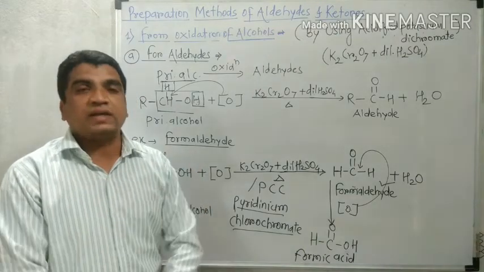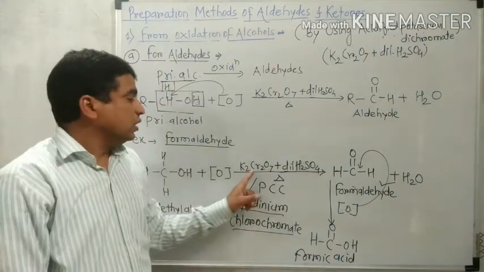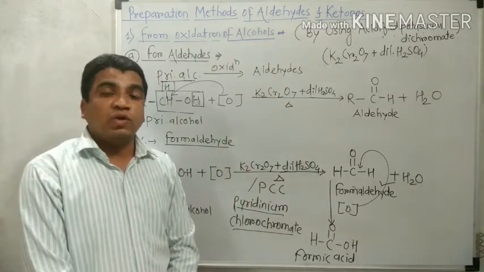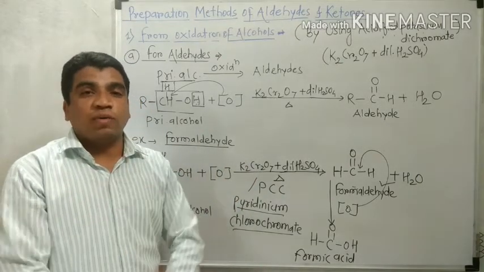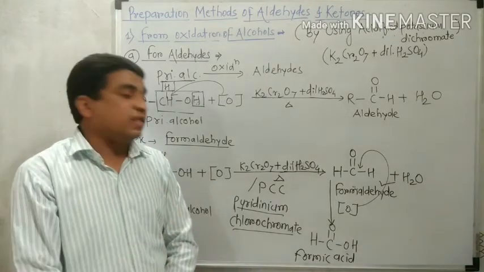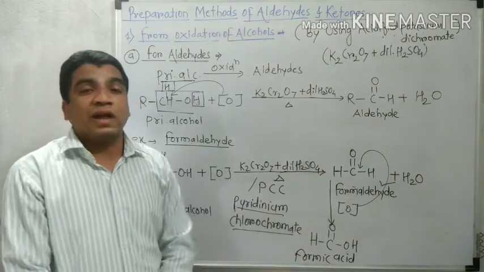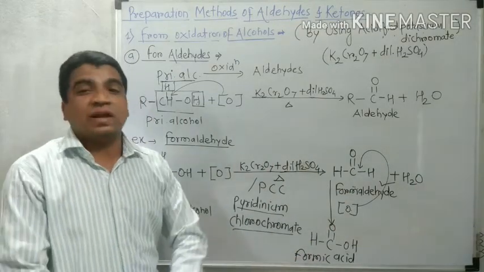What about the reaction? When methyl alcohol undergoes oxidation using K2Cr2O7 and dilute H2SO4, not only is formaldehyde formed, but the formaldehyde further oxidizes into formic acid. Formaldehyde is not the last product; formic acid is the last product.